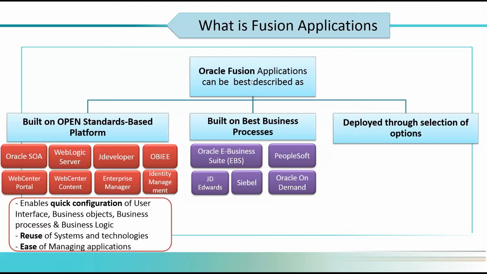So Fusion Applications doesn't mean a replication of E-Business Suite, but a combination of the best of the business processes in all these applications together, and they built the Fusion application. That is the reason Fusion Applications are so popular and are being widely used in the industry today.